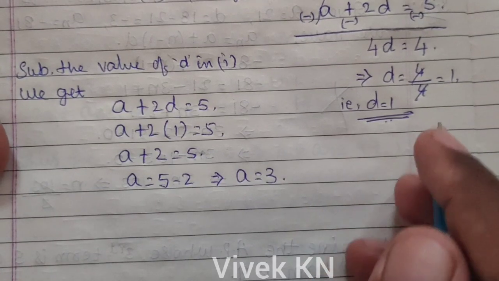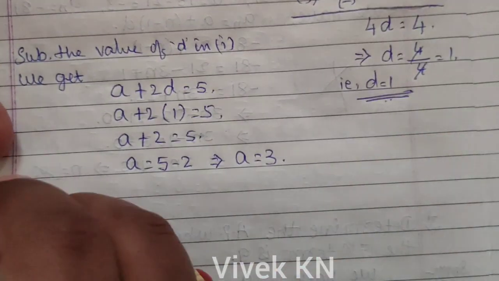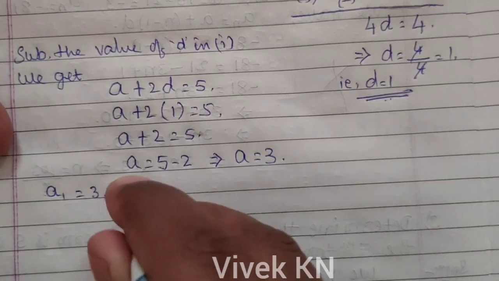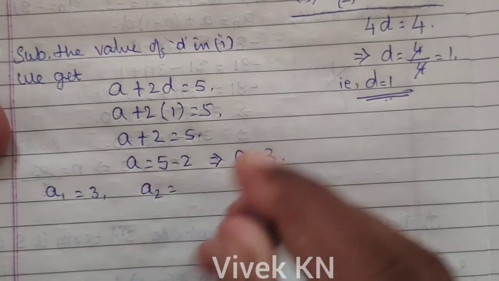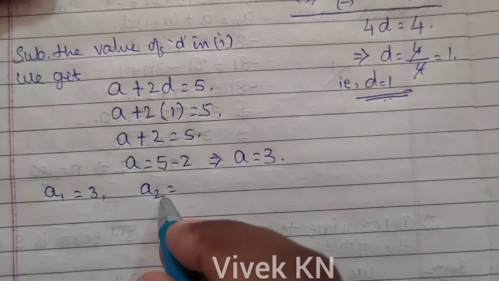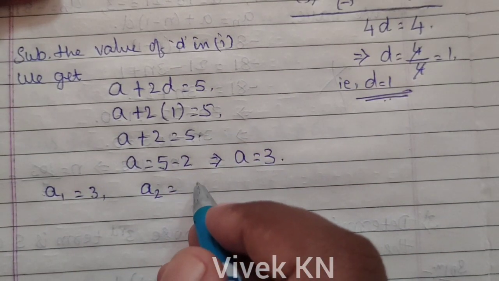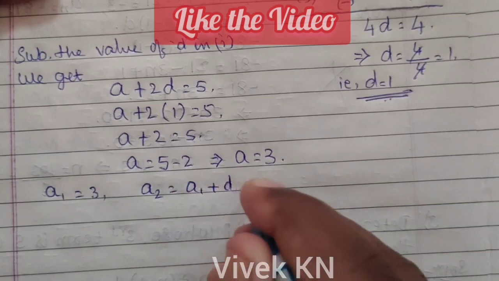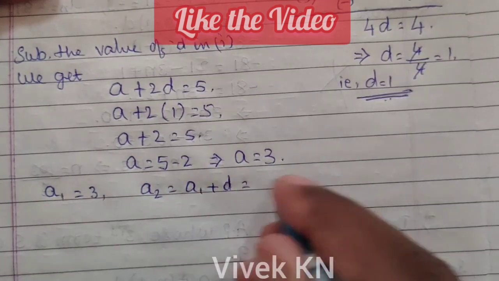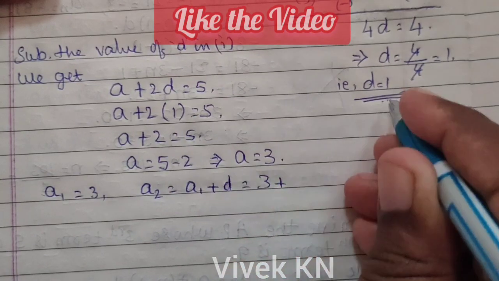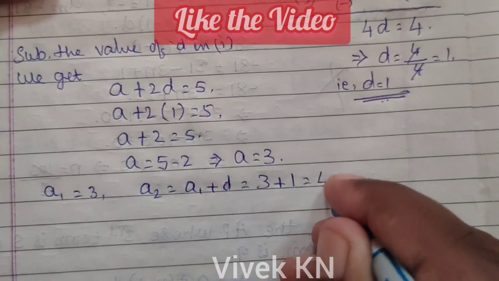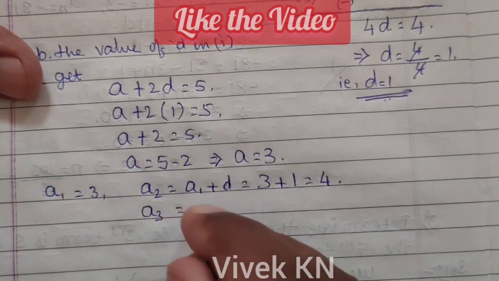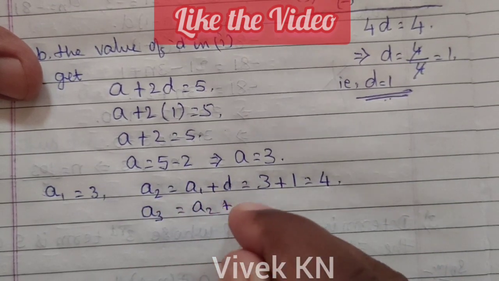Now we have to form the arithmetic progression. First term is a1 is equal to 3. Second term is given by adding common difference d to the previous term, that is a1 plus d. That is a1 is 3 and d value is 1, that is second term is 4. a3 is equal to a2 plus d.